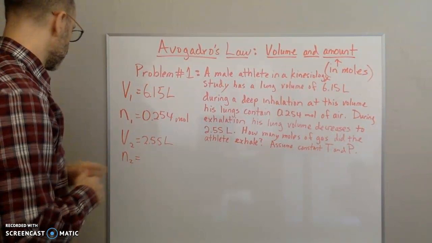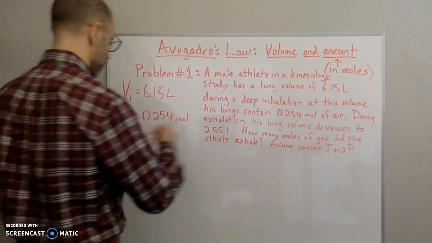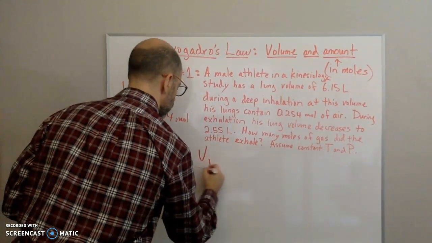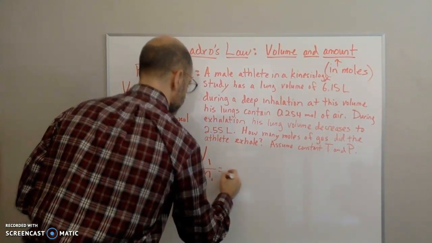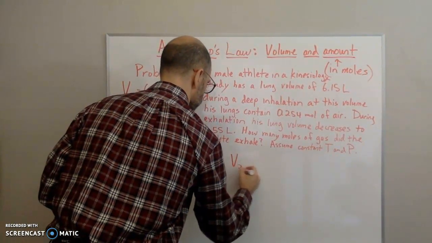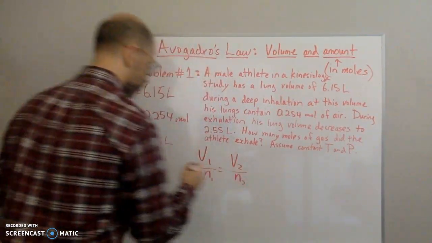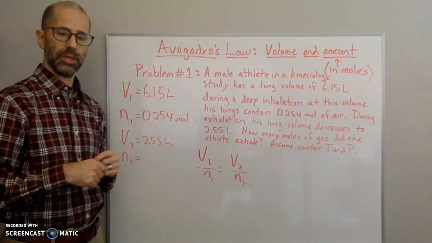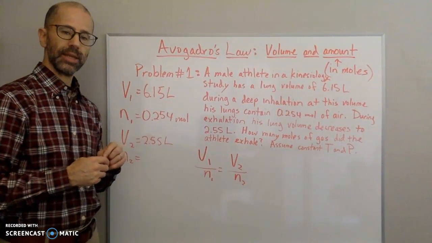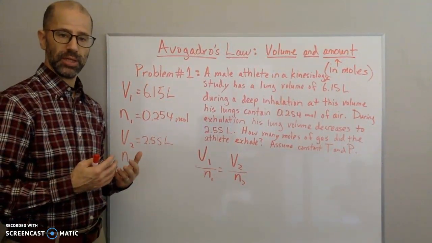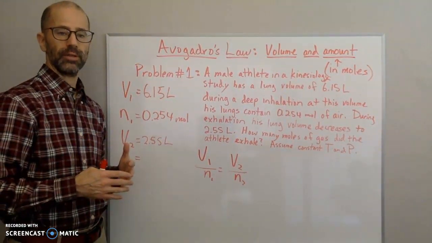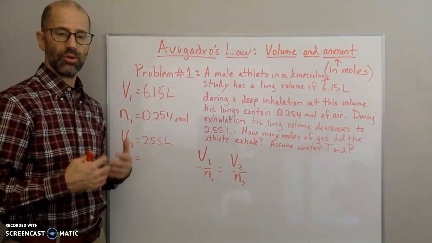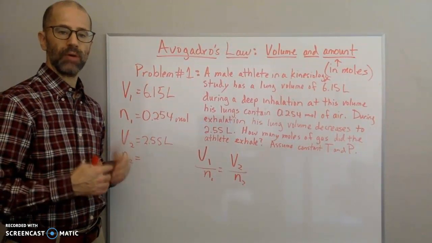Okay, so we're going to set up our equation. V1 over N1 is equal to V2 over N2. So that's Avogadro's law. Now, the one thing I forgot to mention is, just like temperature needs to be in Kelvin whenever you have temperature involved in these equations, the same goes for the amount of gas.